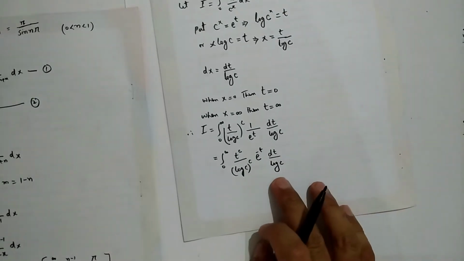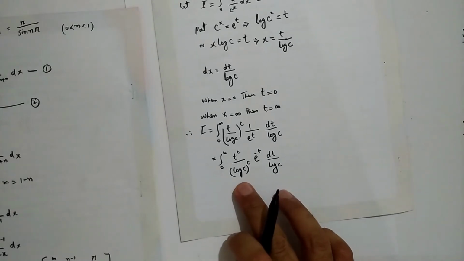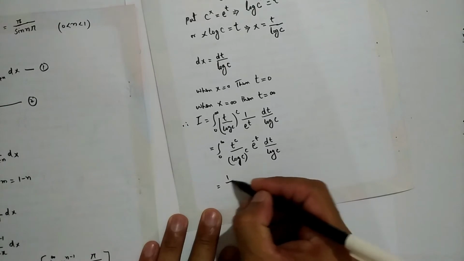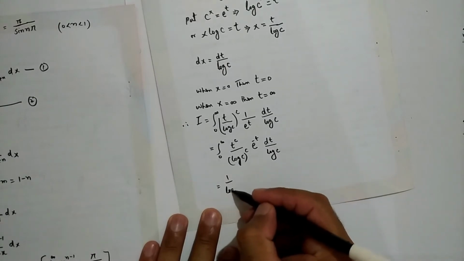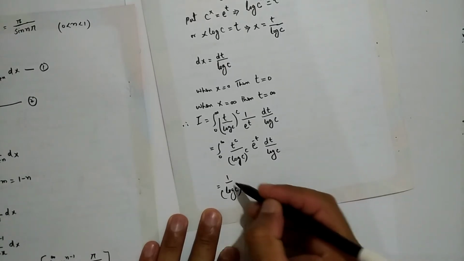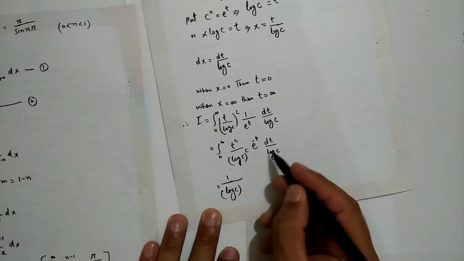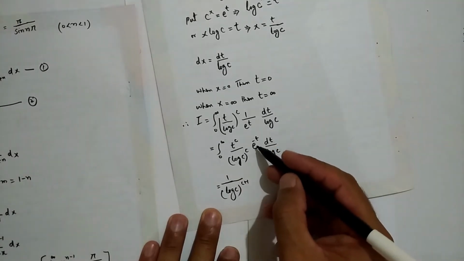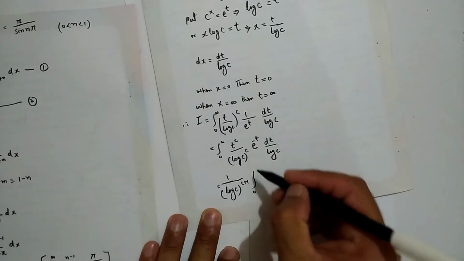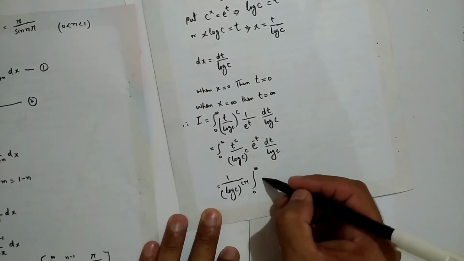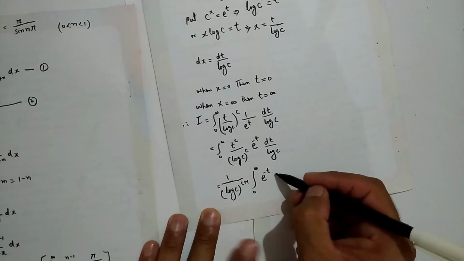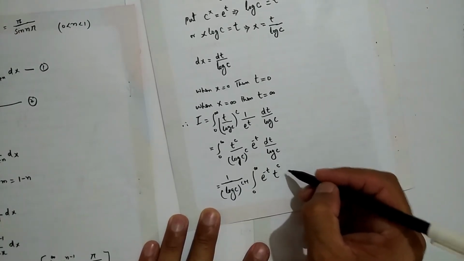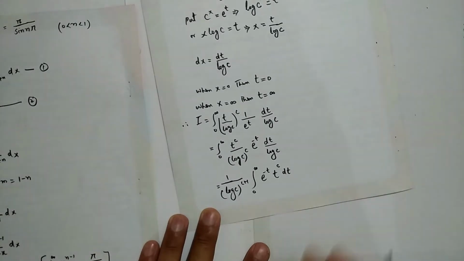So here we have log of c and here we have log of c. Therefore this will become equal to 1 upon log of c to the power c plus 1 into integral from 0 to infinity e to the power minus t, t to the power c into dt.